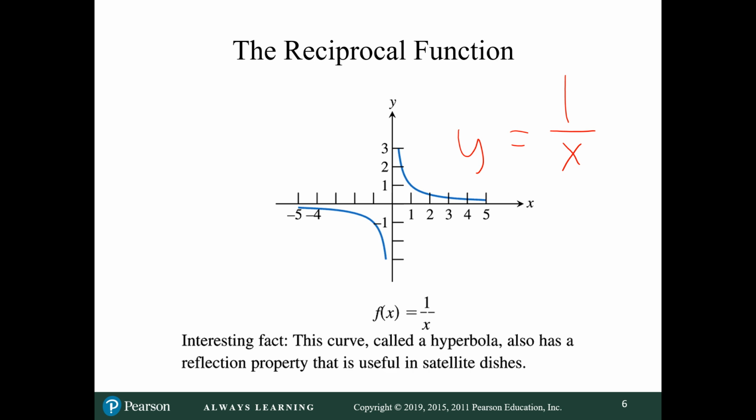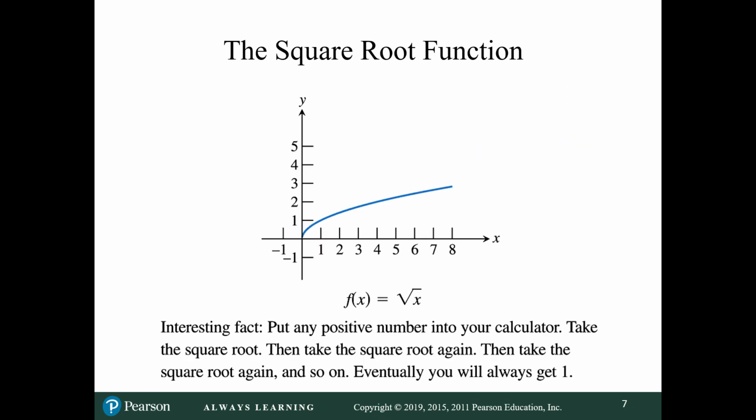Andrew Jackson, what president of the United States was he? 7th president of the United States. How many terms did he serve? 2 terms. When was he first elected? 2 terms, 7th president, 1828, 1828.